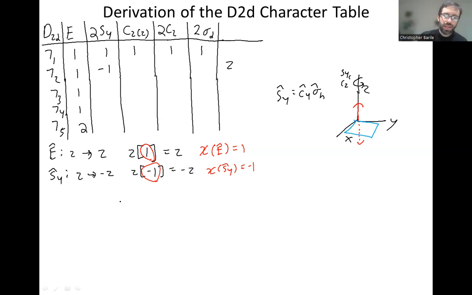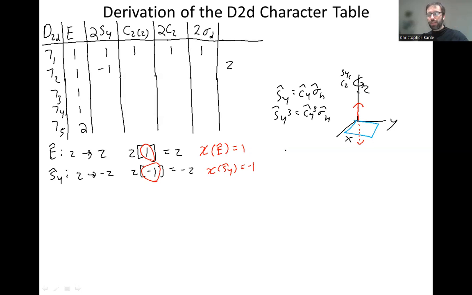You might be wondering what would happen if instead I chose the S4 cubed operation, right? That's another operation in this class. And that's, of course, C4 cubed followed by 3 sigma h's, which is the same as sigma h. So we've gone over it before. Well, that's a 270-degree rotation at first. That still does nothing to the z vector. And then you do the flip, and z goes to negative z, and you get -1 again. So this is the beauty of the character table.